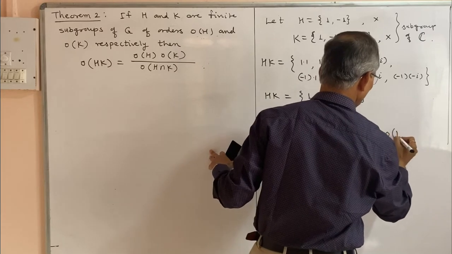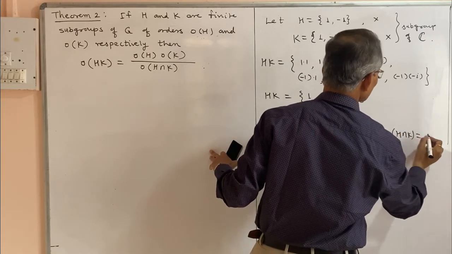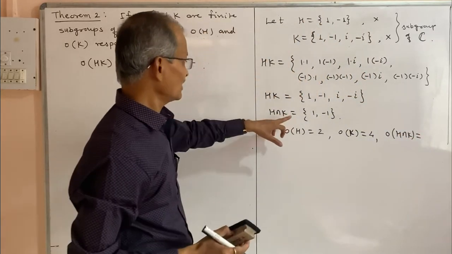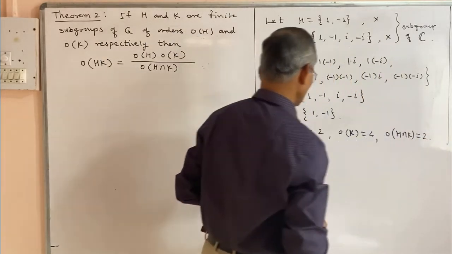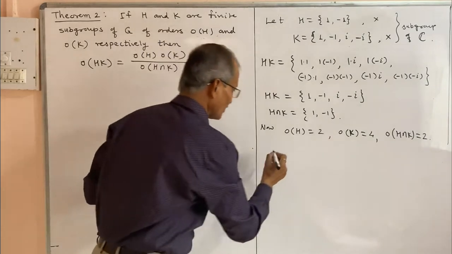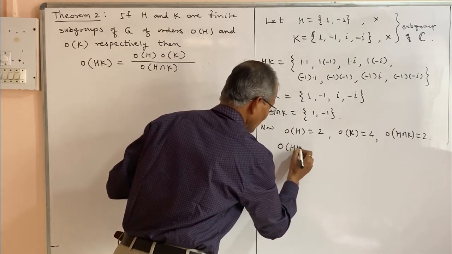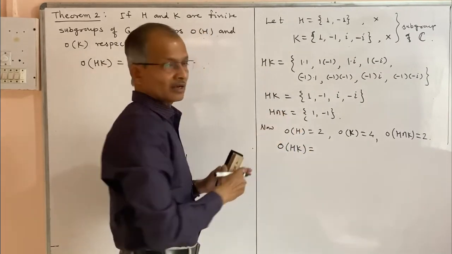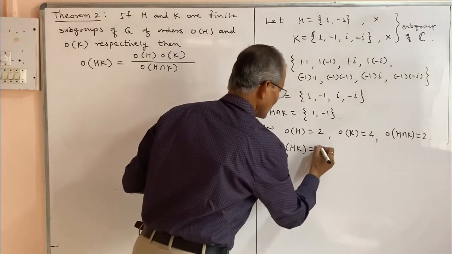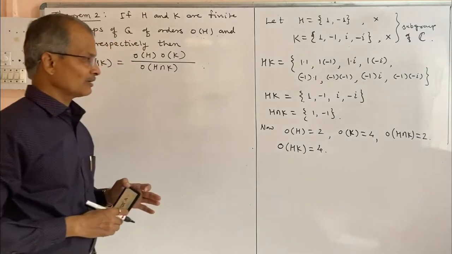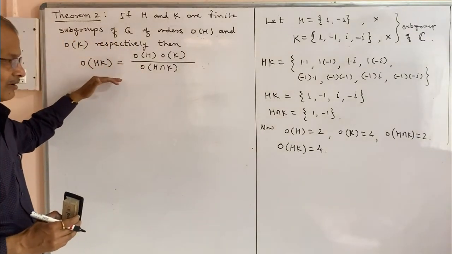Order of H intersection K, the number of elements in H intersection K, is 2. Next we write order of HK, the number of elements in HK. You may see these are also 4. And thus, is the theorem verified or not?